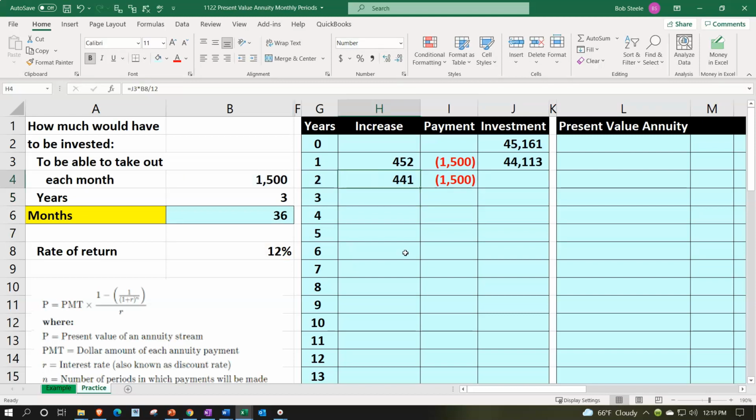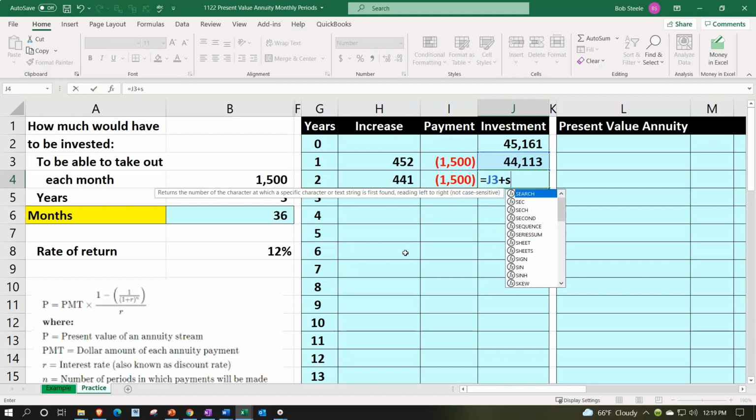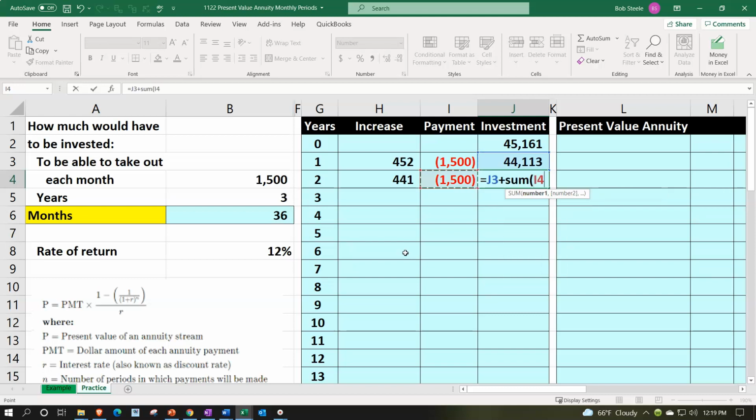So we're earning 441 each period, but we're taking out more than we're earning, of course, bringing down the investment amount, which means that our earnings are going to go down each period, although we still have earnings each time we compound. So this is going to be equal to the 44,113 about plus the SUM, Shift 9, left arrow, holding down Shift, left again, Shift 0, closing up the brackets, and enter.